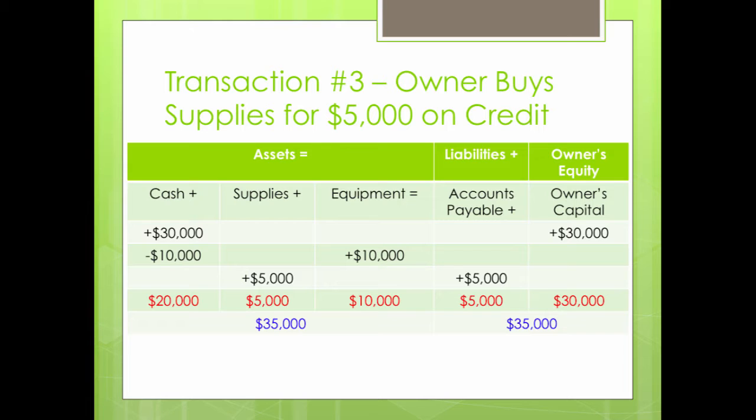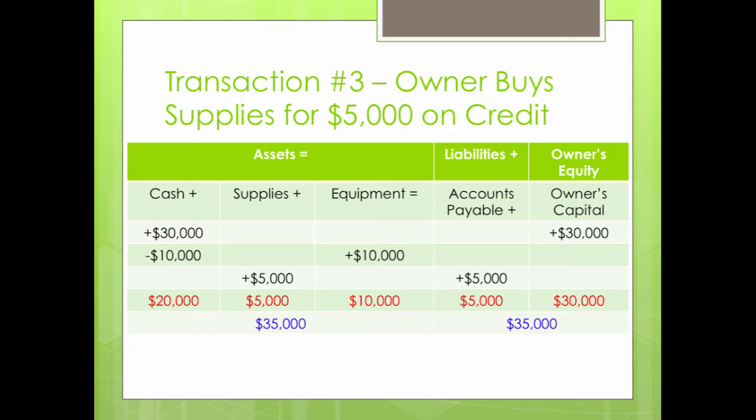The supplies are not being paid with cash, so the owner still owes $5,000 to someone, in this case the vendor who gave the credit. So this is a liability. So which account within the accounting equation component, in this case liabilities, should the transaction be recorded?